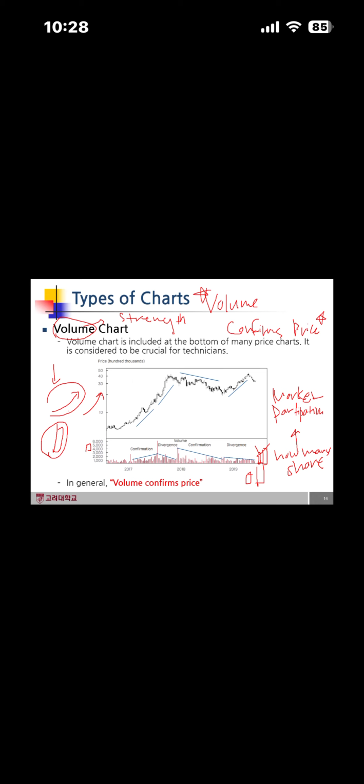But when there is a low trading volume, even if there was a price increase, you cannot reliably believe there is an increasing market trend. So you have to understand why they say the volume confirms price. In other words, price movements are considered more reliable when they are supported by strong trading volume.